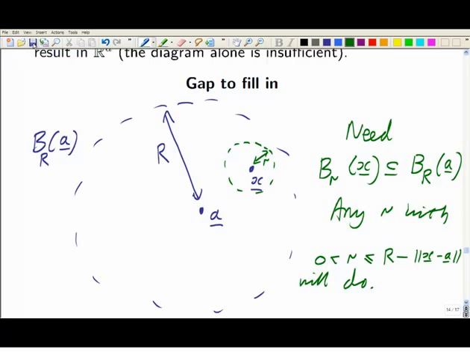And that's because, obviously, the distance from the point x to the edge of this ball is going to be capital R minus the distance of x to a. Let me just draw in that distance there. That distance to the centre is the norm of x minus a.